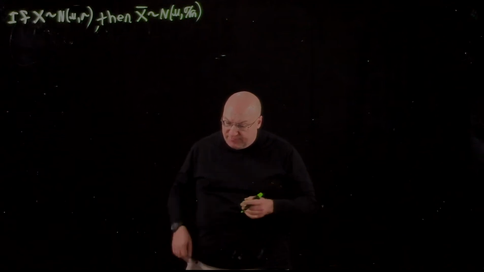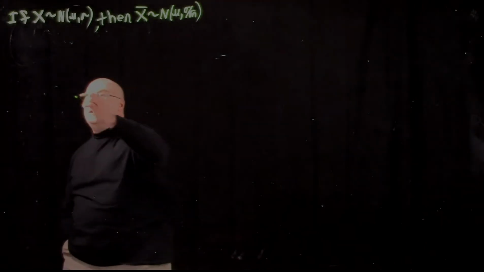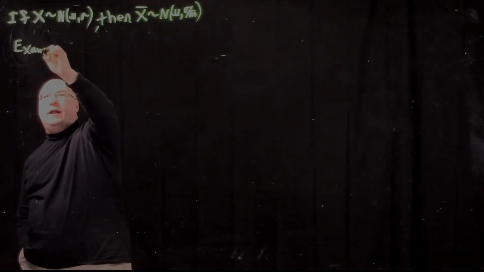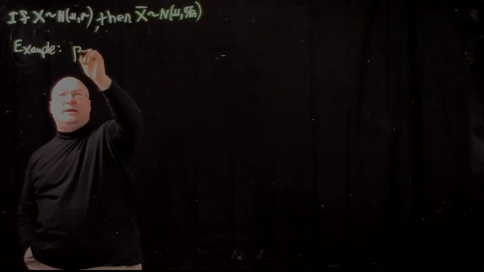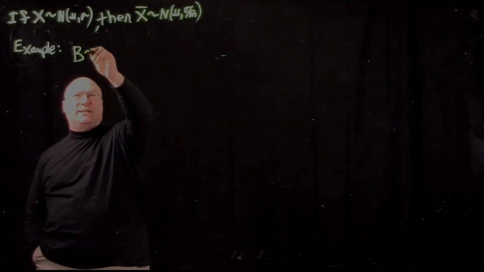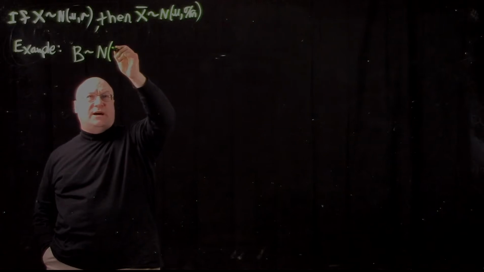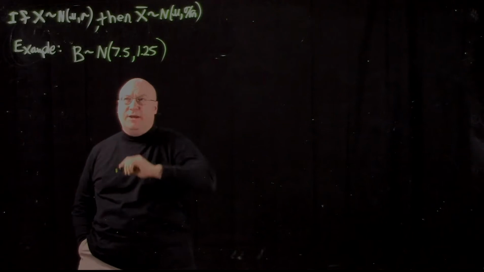Well, I would start off by saying if B is the weight in pounds of a randomly chosen newborn, that generates a population that is normally distributed with mean 7.5 and standard deviation 1.25 in pounds.